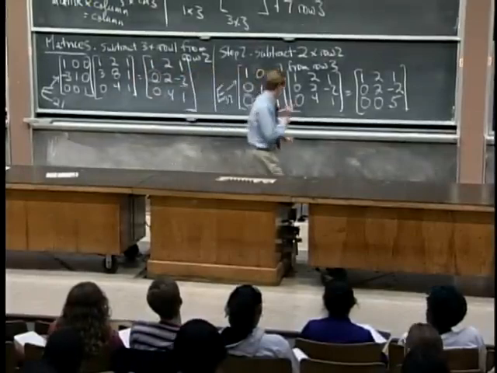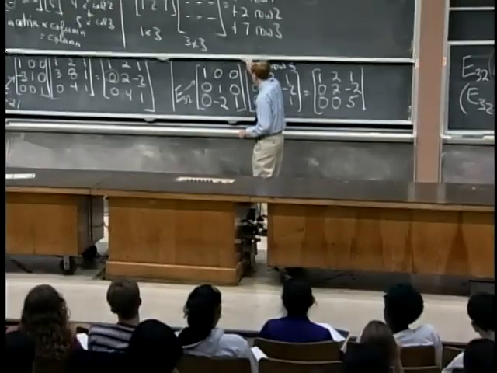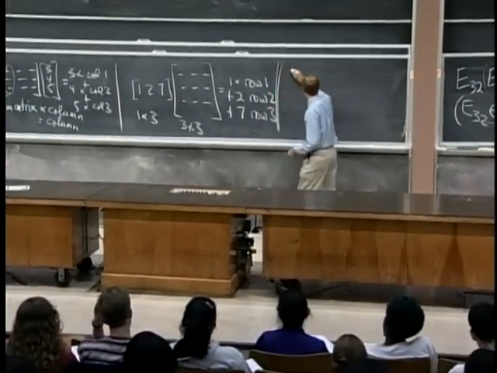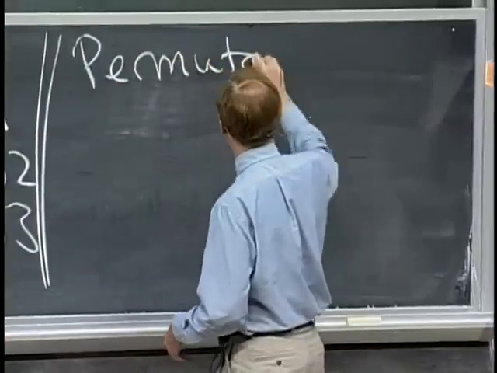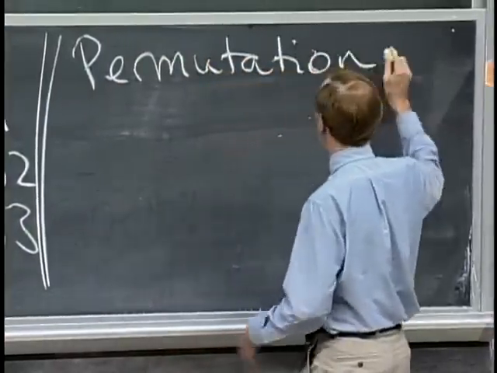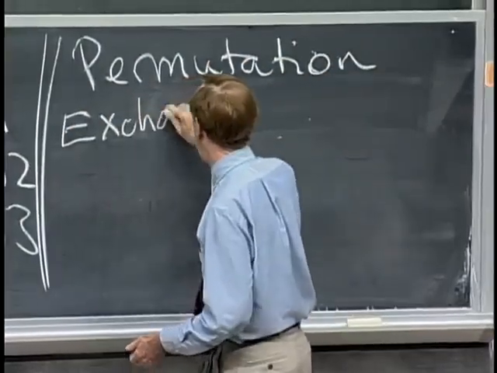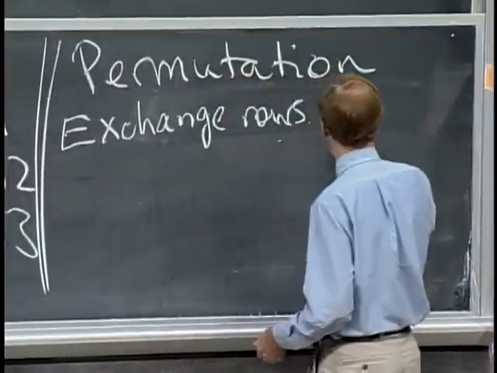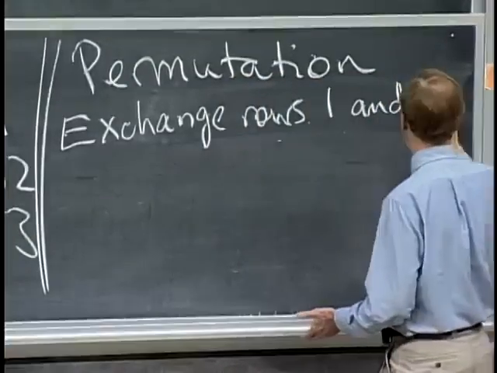Let me figure out where I'm going to put a permutation matrix. You'll see I'm always squeezing stuff in. So permutation. Or in fact, this one exchanges rows. Shall I exchange rows 1 and 2 just to make life easy?